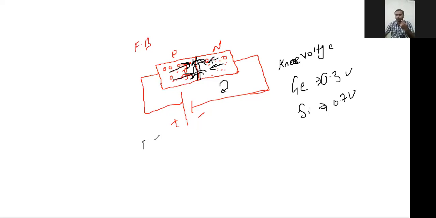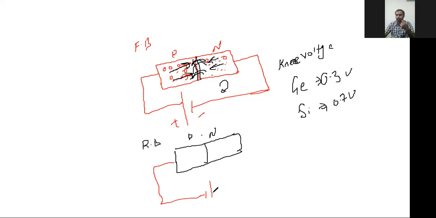And in the reverse bias condition, this is the internal circuit of the diode. P-type and N-type semiconductors are connected. P is connected with the negative terminal of the battery and N is connected with the positive terminal of the battery. This is the case of reverse bias. The majority carriers in P-type are holes and minority are electrons.